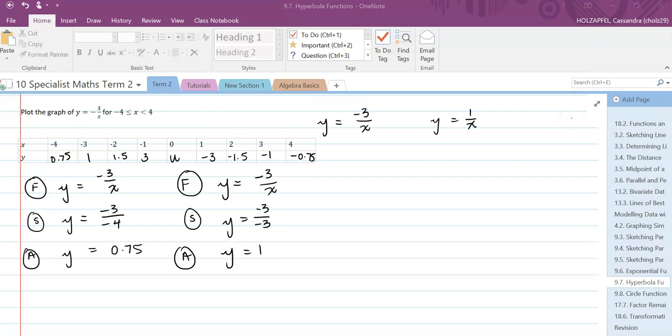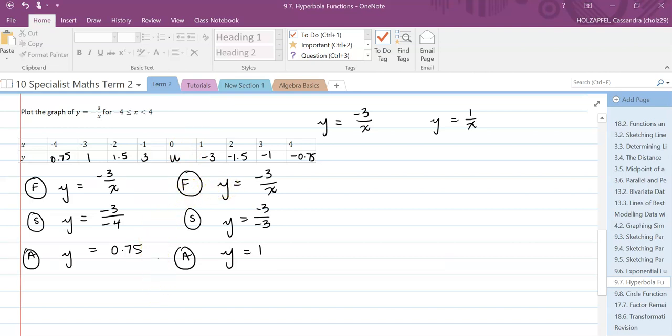So just like the last graph, when we have x is equal to 0, we have an undefined value at this particular point. So with these values here, we can see we start off with 0.75, and this is increasing and increasing and increasing. And then we reach that asymptote where this is undefined, and then we begin at the opposite end, and we begin becoming more and more negative.